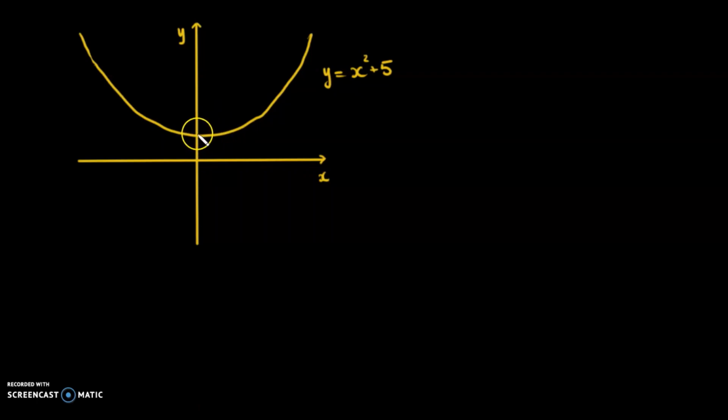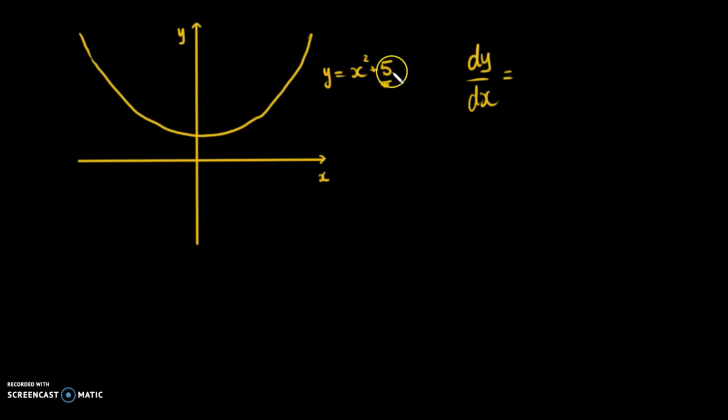At this point, the gradient is exactly the same as y equals x squared. Let's say at this point here, where x equals 2, the gradient would still be 2 times 2, which is 4. So you can see that the gradient is unaffected by a constant. This means that when we differentiate a function, the constant goes.